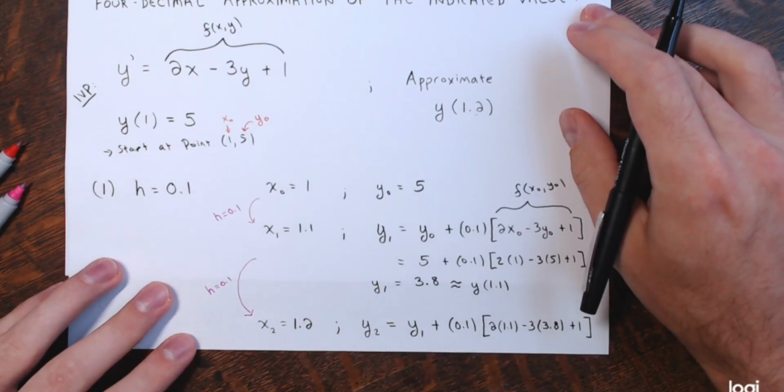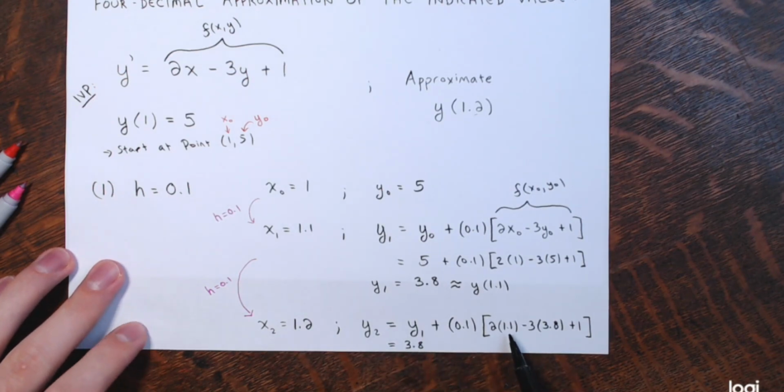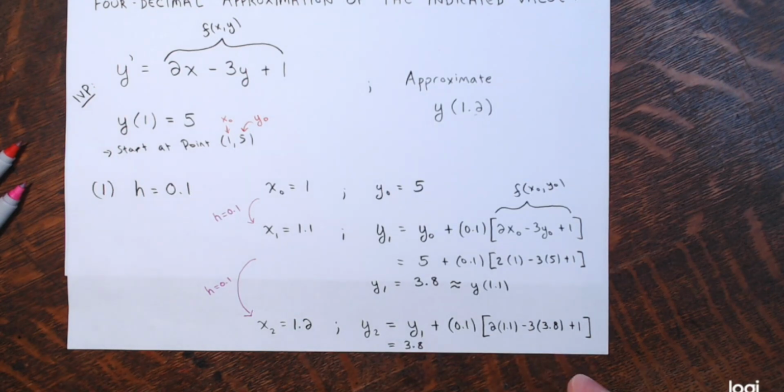Again, we can do this by hand. y1 was 3.8. Now 2 times 1.1 is 2.2. 3 times 3.8: 3 times 3 is 9, 3 times 0.8 is 2.4, so this is minus 11.4.